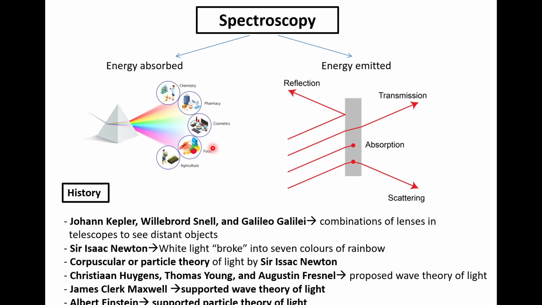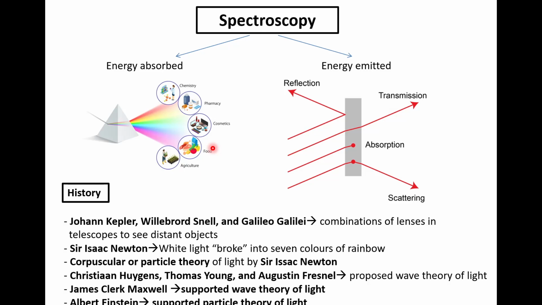Then Sir Isaac Newton showed that light has some particle nature, and that light can be broken down into several components. So it's not that light is a single matter. If you pass visible light through a prism, it will emerge as different wavelengths of light and form the VIBGYOR.